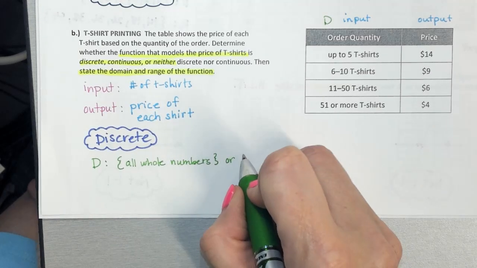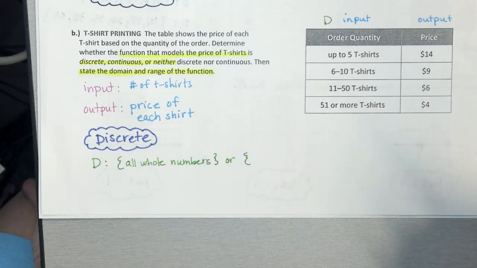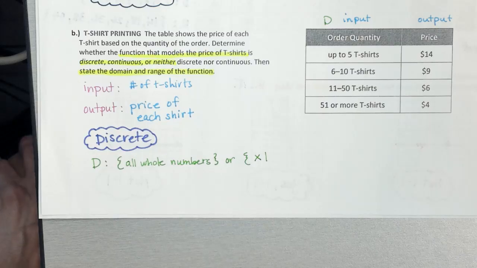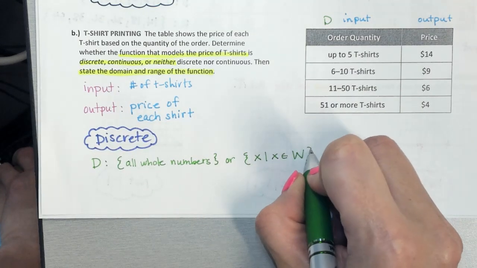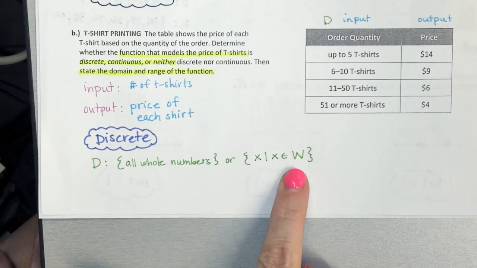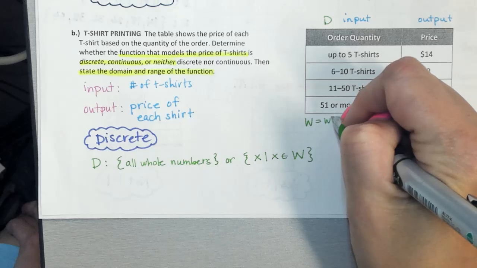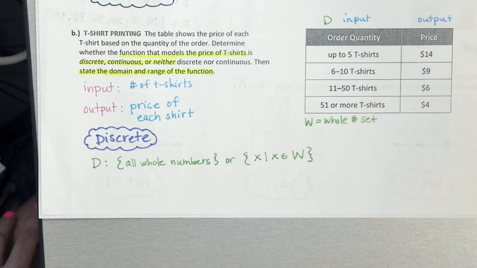And then we talked yesterday about how to write all real numbers. There's a way to write an element of the whole number set, and that would be x, such that x is an element in the whole number set, which is a capital W. Okay, so W equals the whole number set, or the set of whole numbers, just like R is the set of real numbers.